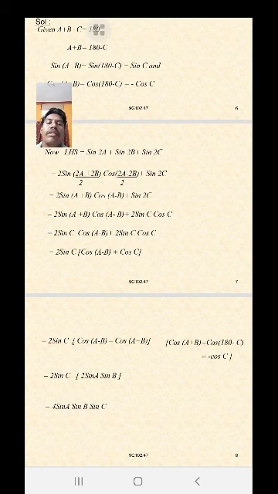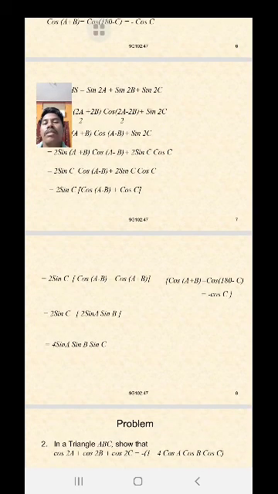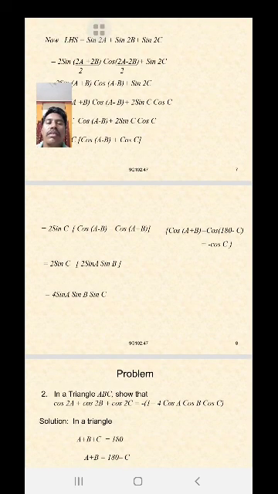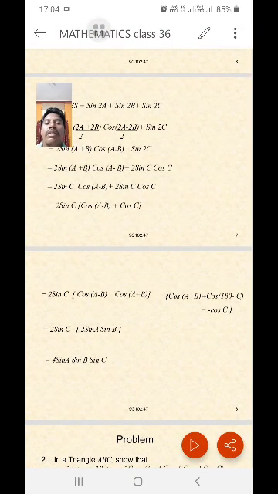Here, on the left side, sin(A plus B): in place of A plus B we can write 180 minus C. So it becomes 2 sin C. Take 2 sin C common from both the terms, and it would be like this. In place of cos C we can write minus cos(A plus B).